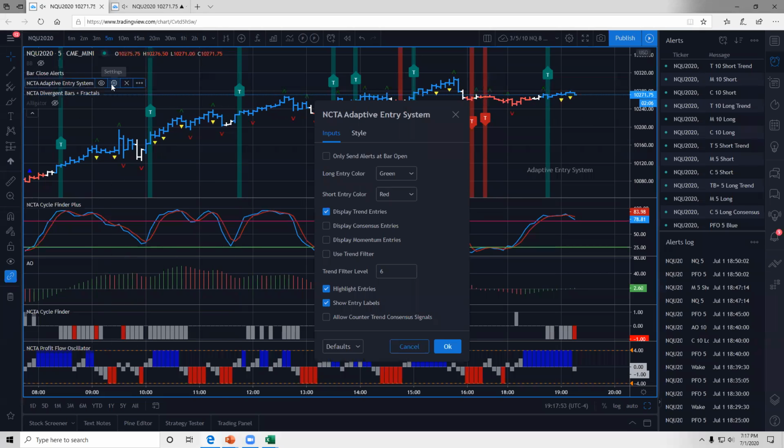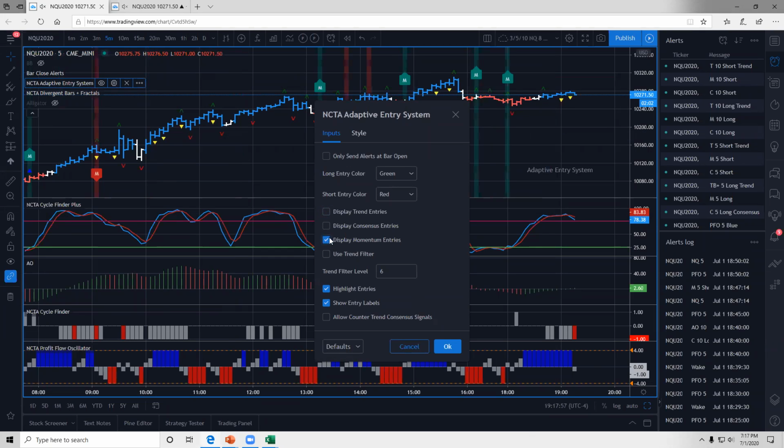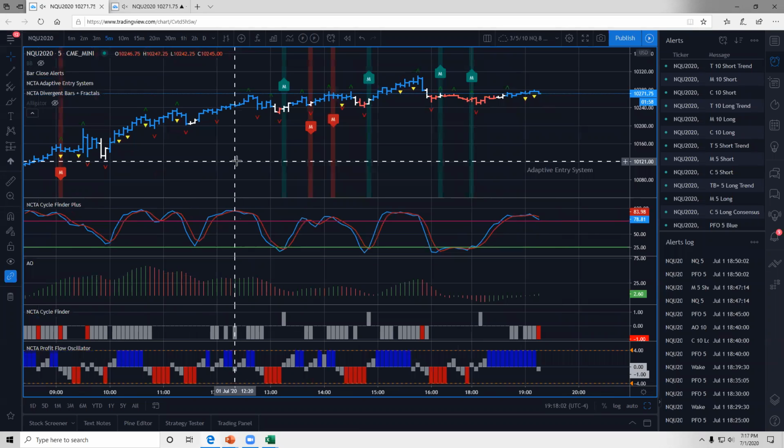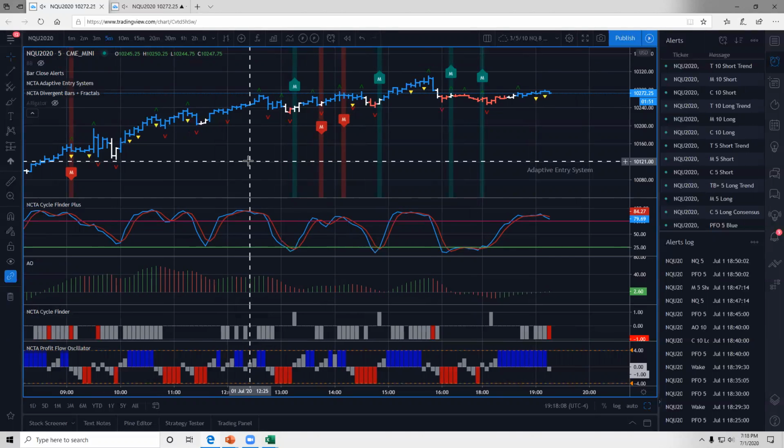The second thing we're going to be talking about in the live trading room is what we call momentum trades. You can turn these highlights on and off. But the momentum trades under the surface are basically showing some indication of a potential impulse.